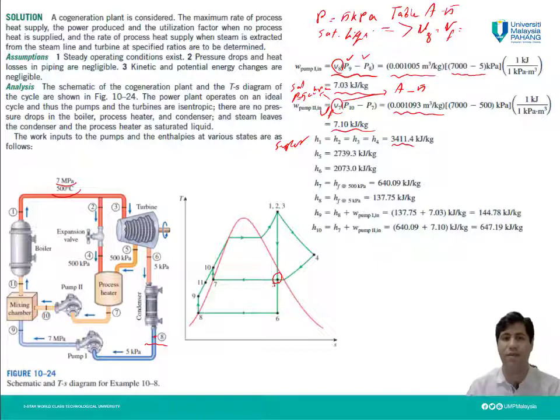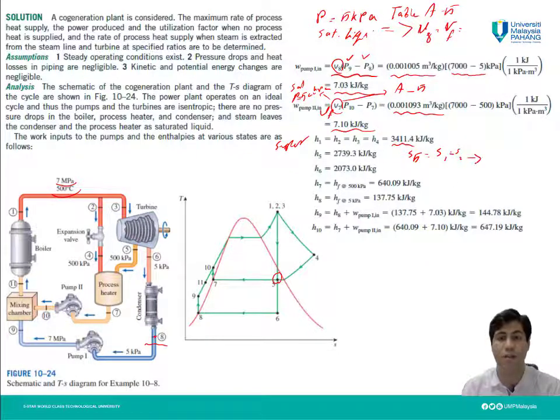How can we find the enthalpy for this point? If you remember, we had that equation. The information we have for state 5 is that S5 is equal to S1, or S2 and so on, S3, which is identical. Then we have the entropy for this point.